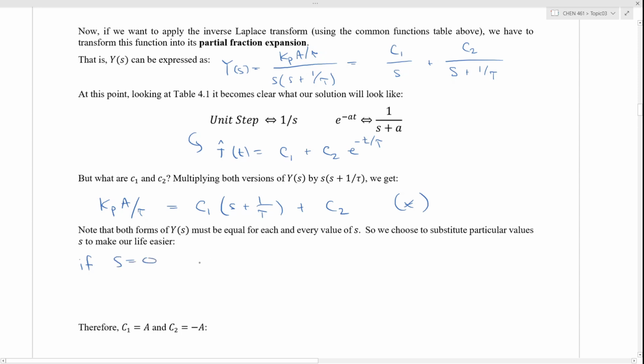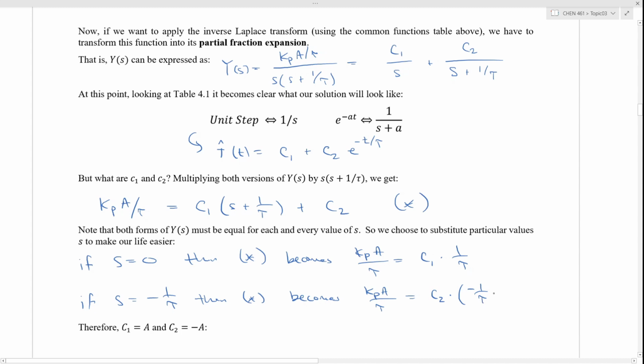If s were equal to 0, then this starred equation becomes Kp A over tau equal to c1 times 1 over tau. Furthermore, if s equals negative 1 over tau, then the starred equation becomes Kp A over tau is equal to c2 times negative 1 over tau.